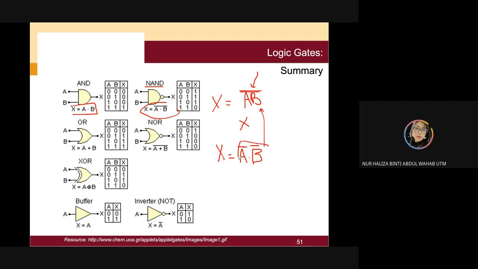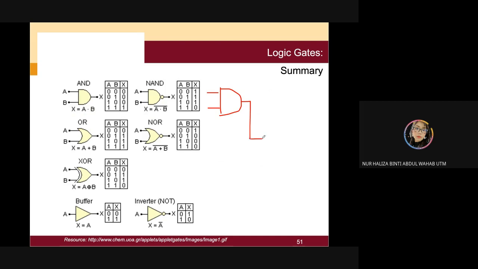And this is not the NAND gate. Okay, let's play around with how to justify that it is not similar. For this one, let's say we have A and B as the input, and we have the AND gate, and this is our NOT gate.